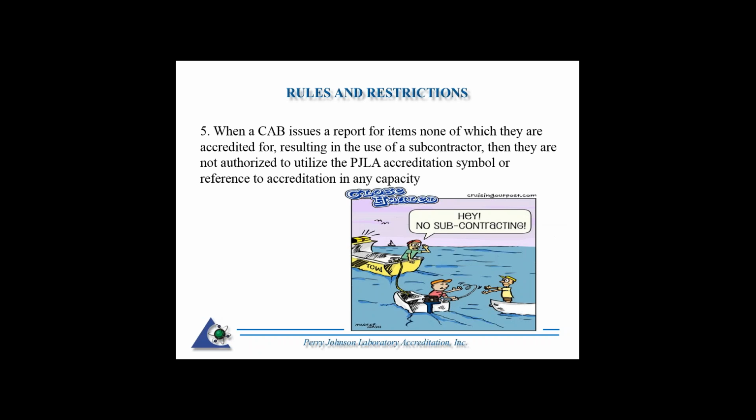And this emphasizes it even more. When a CAB issues a report for items none of which they are accredited for, resulting in the use of subcontractors, then they are not authorized to use the PJLA accreditation symbol or reference to accreditation in any capacity.